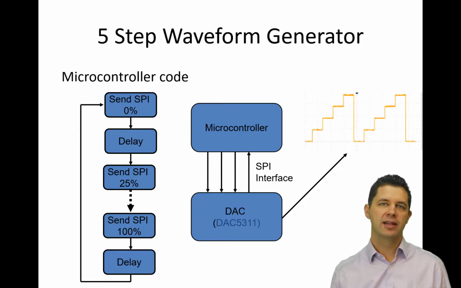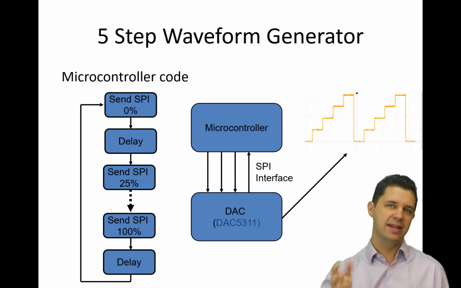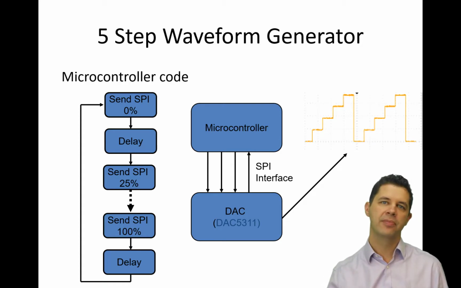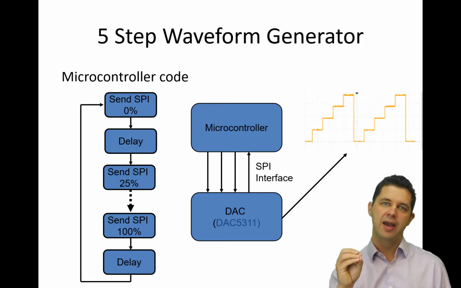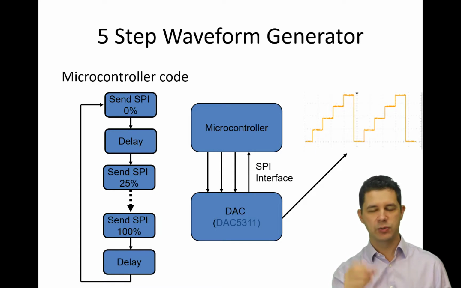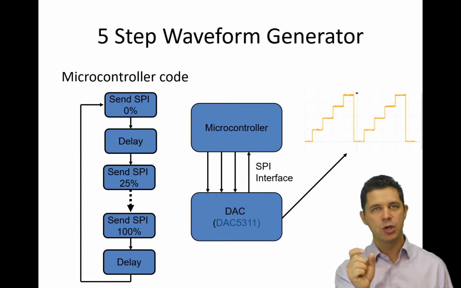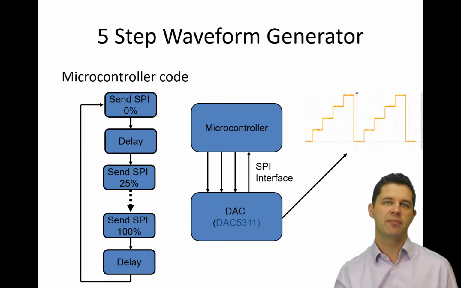So let's have a look first at our microcontroller code and how we actually do it. Now we won't go into the specifics just yet of how we actually send SPI code or anything like that. But what we want to do is create a message from our microcontroller to send via SPI a command to say give it 0%. Then we want to delay for a little bit because we want it to be that for a short amount of time, and then send a command 25%.